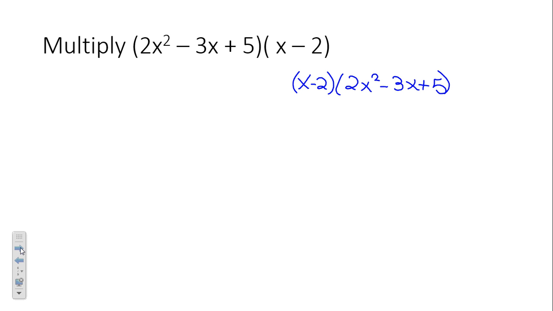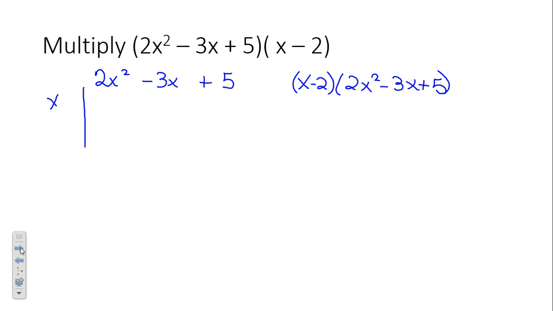So we distribute the x to everybody, and then we distribute the negative 2 to everybody, and we combine our like terms. But let's do the FOIL box, what we would call the FOIL boxes, but we're going to do the product boxes now and first. And then I'll show you they work the same. So product boxes, we want to have a 2x squared, a minus 3x, and a plus 5.